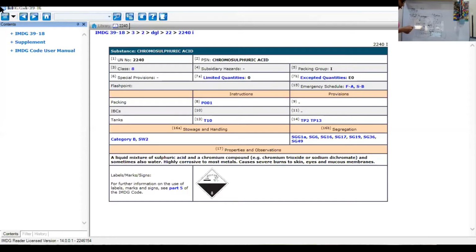Now in these 3 PGs, which is the most dangerous PG? PG1.